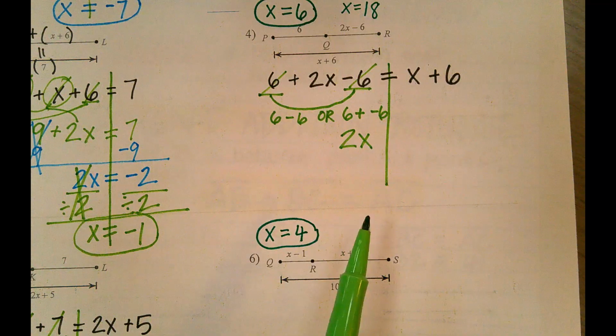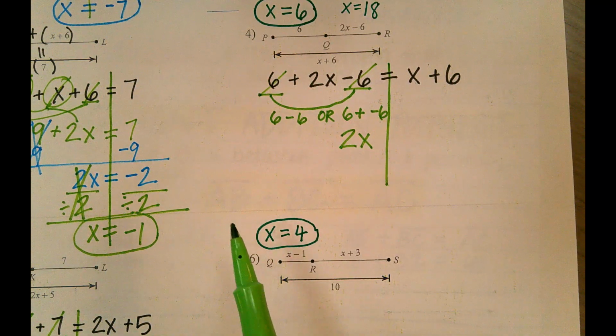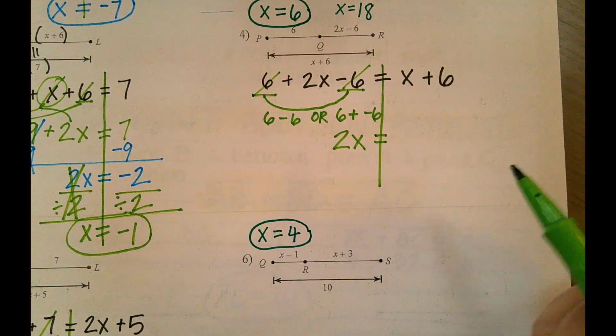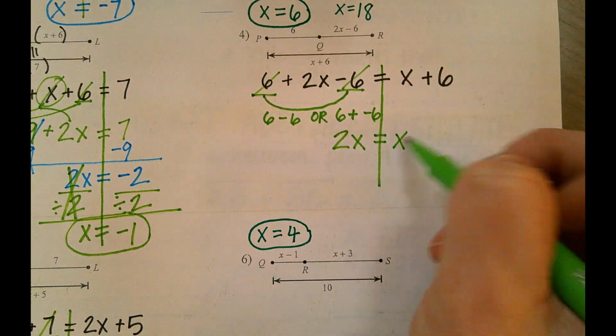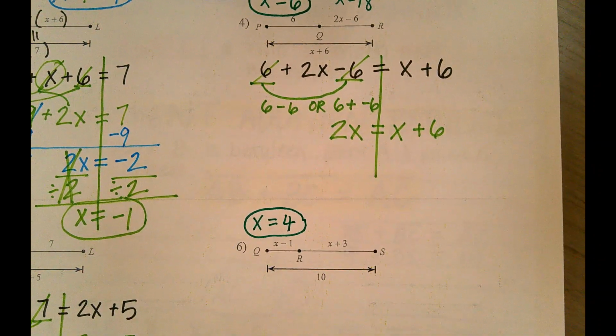Okay? Now, does this make sense why I'm not bringing anything down? Okay, good. So I have 2x equals, and then what do I bring down now? X plus 6. Good, x plus 6. So now from here, where do I go? You subtract 1x.